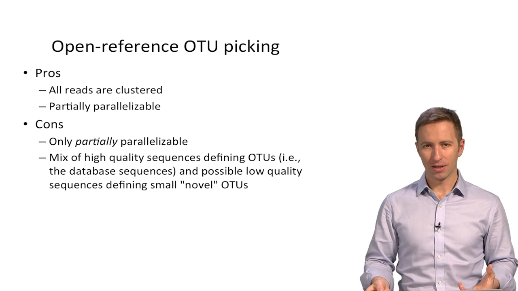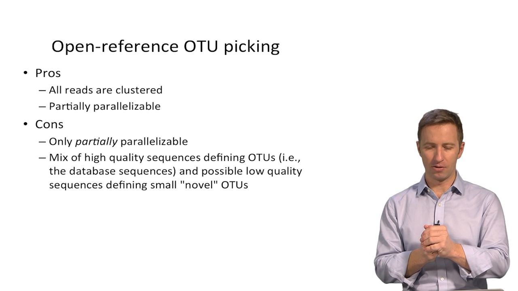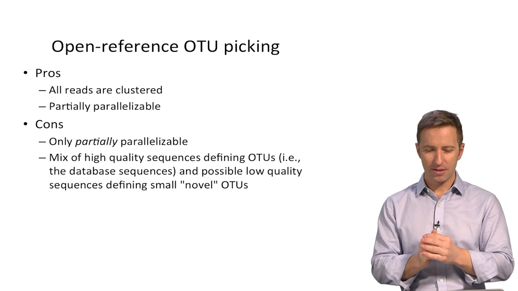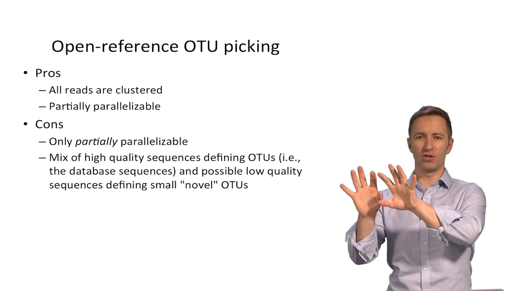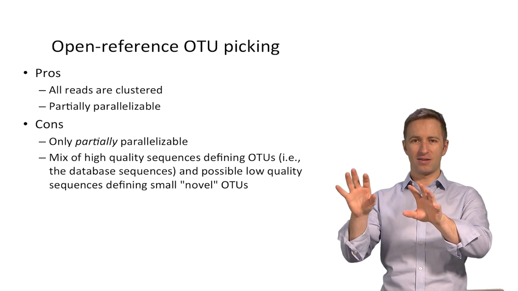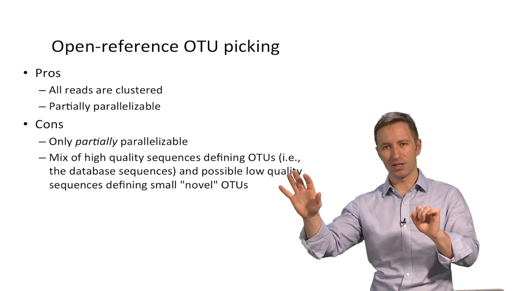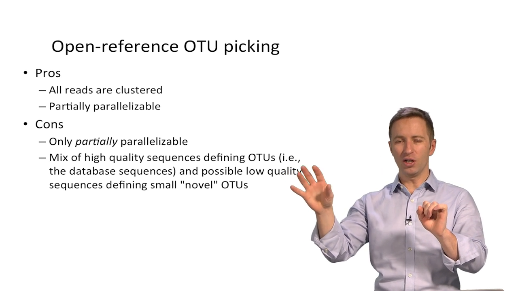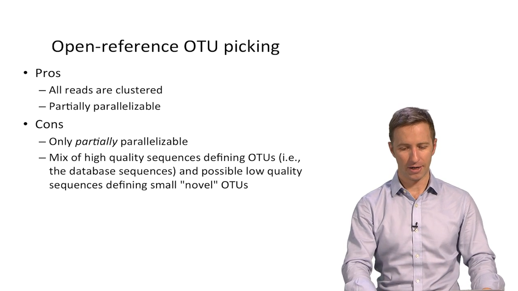It's partially parallelizable, but that means you still have to do the de novo part, and that's still really slow in big data sets. You can also have an issue where you have two different quality levels of OTUs. The reference-based OTUs might be better quality, and depending on your clustering method, the de novo OTUs might be more prone to sequencing error.